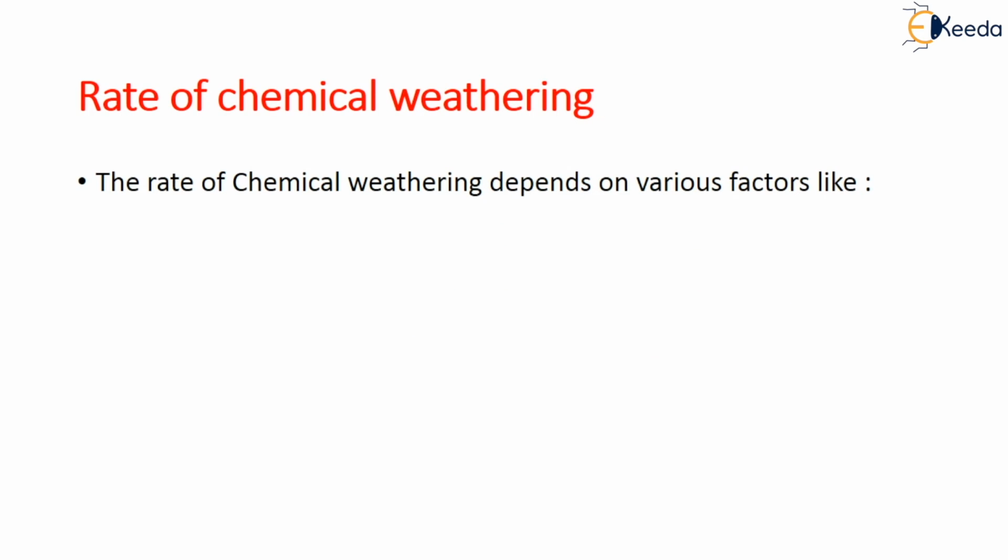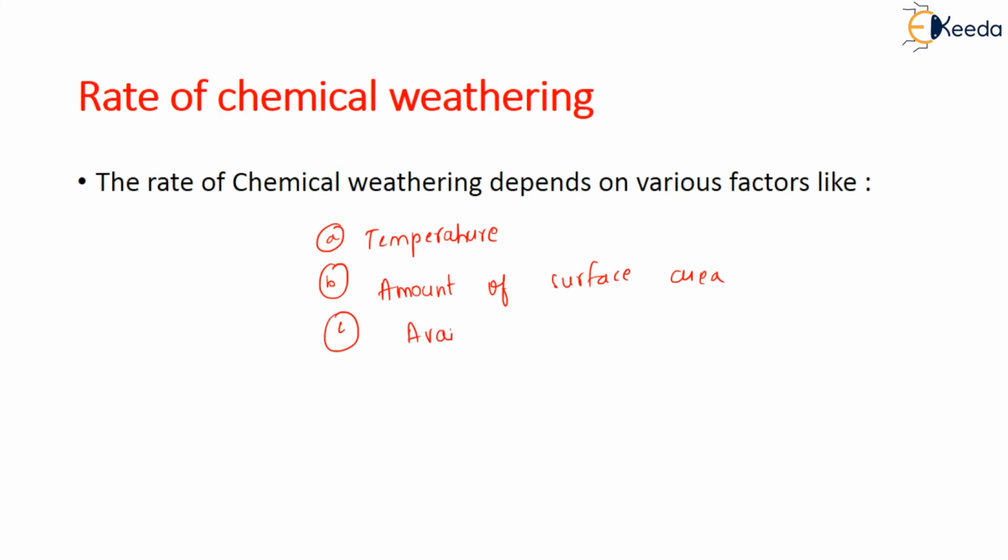Coming to the rate of chemical weathering, it is dependent on various factors like temperature, amount of surface area, and availability of water or natural acid.